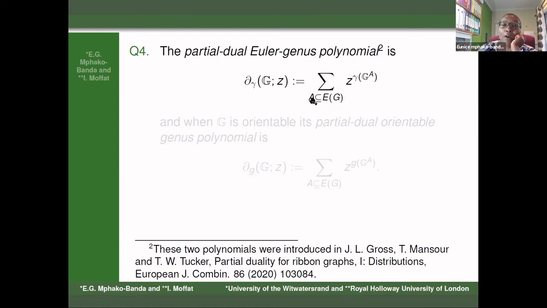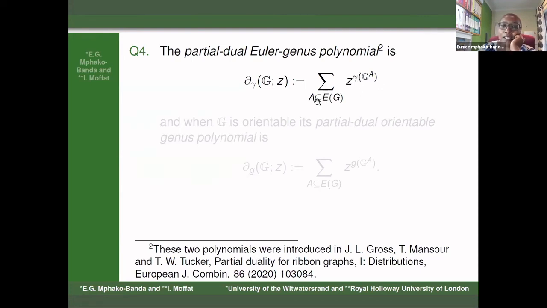You sum over all the subsets of the edge set of your ribbon graph G. And you have Z here, and you have the Euler genus of the partial dual of G with respect to A. So you can see that you need to know how to find the partial dual of G with respect to A to be able to find the Euler genus.